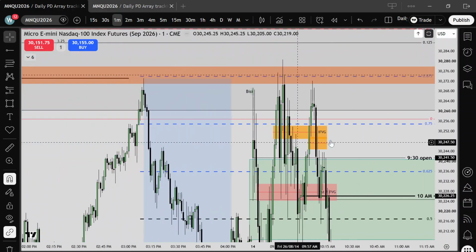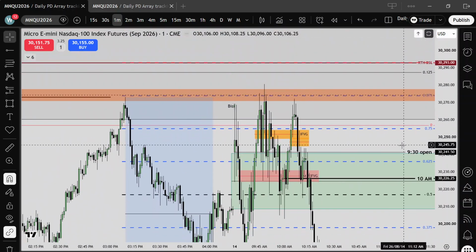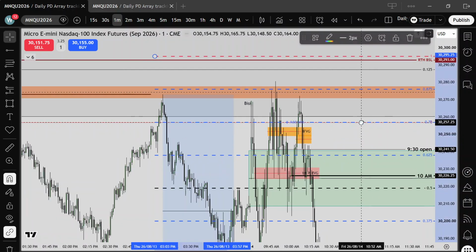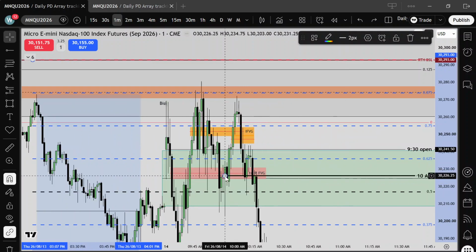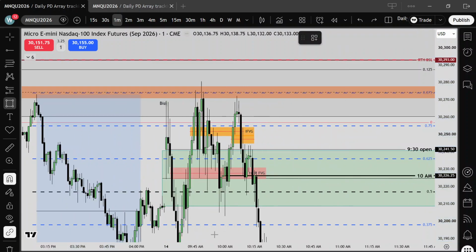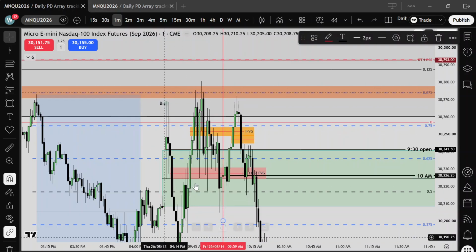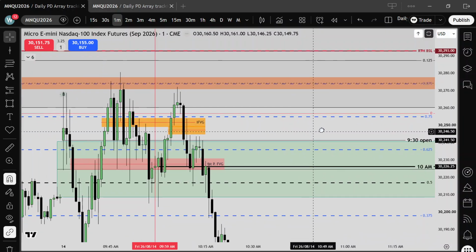Then trying to get the highest, the best price possible, knowing that we're expecting lower prices. Here's the 10 o'clock open of the 15-minute candle. So let's go all of this right here. So this is our new candle right here.